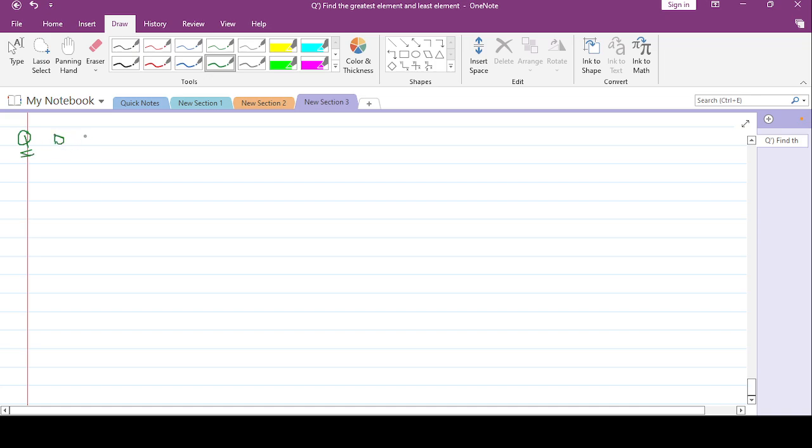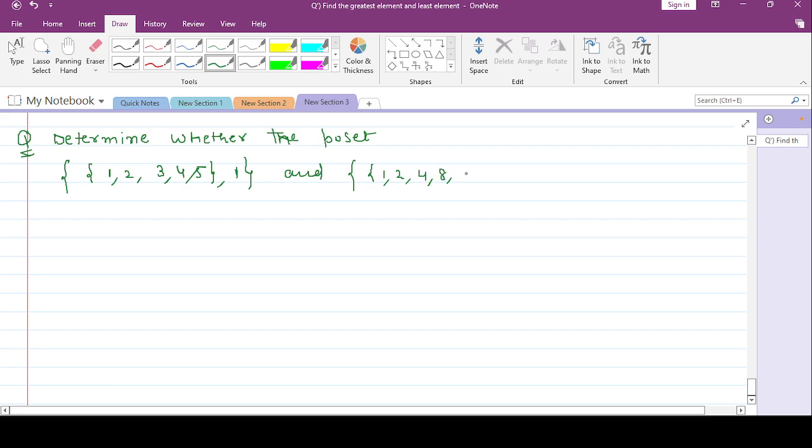Determine whether the poset {1, 2, 3, 4, 5} under divisibility and {1, 2, 4, 8, 16} under divisibility are lattices or not.